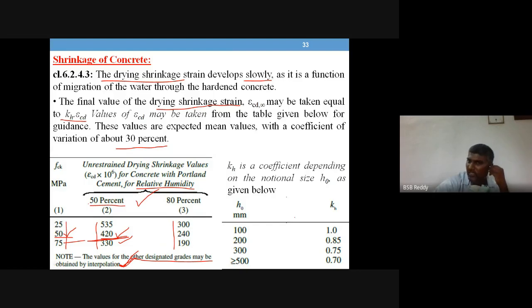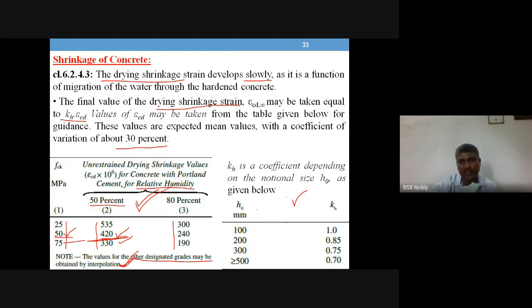And what is the kh value? That should be taken from this table, depending on the size of the member, because drying shrinkage depends on the area of exposure of the member. So that's why this value is linked to the exposure parameter, that is called kh.